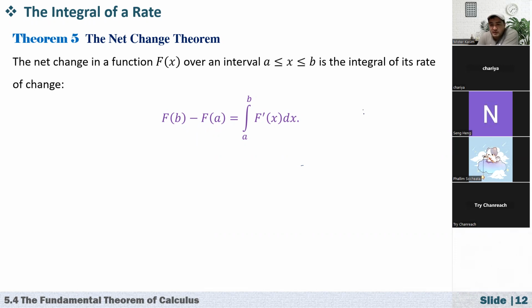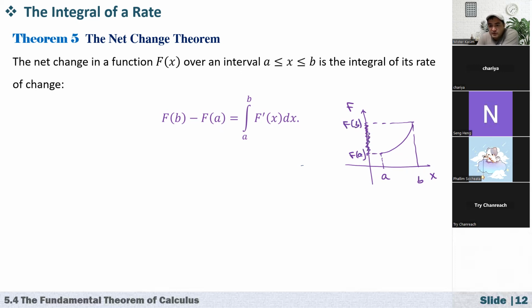So that means that when we just say net change, for example, let's say this one is capital F, this one is x, and let's say this one is a, and this one is b, right? When we say the net change, we mean actually this change, okay? Because this value is capital F of a, and this value is capital F of b.